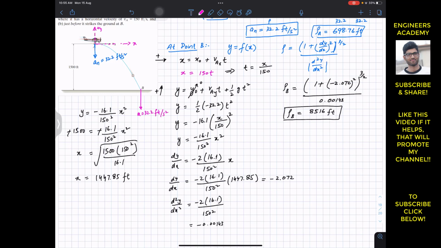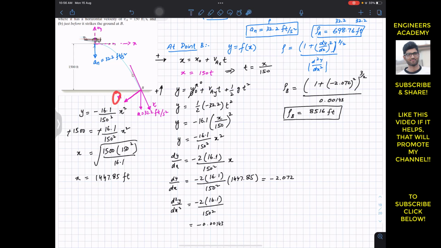And the tangential direction at point B will be acting like this. That will be the line which is tangent to the curve at point B. So this line is the tangential direction, and this will be my normal direction, right? This is towards the center.